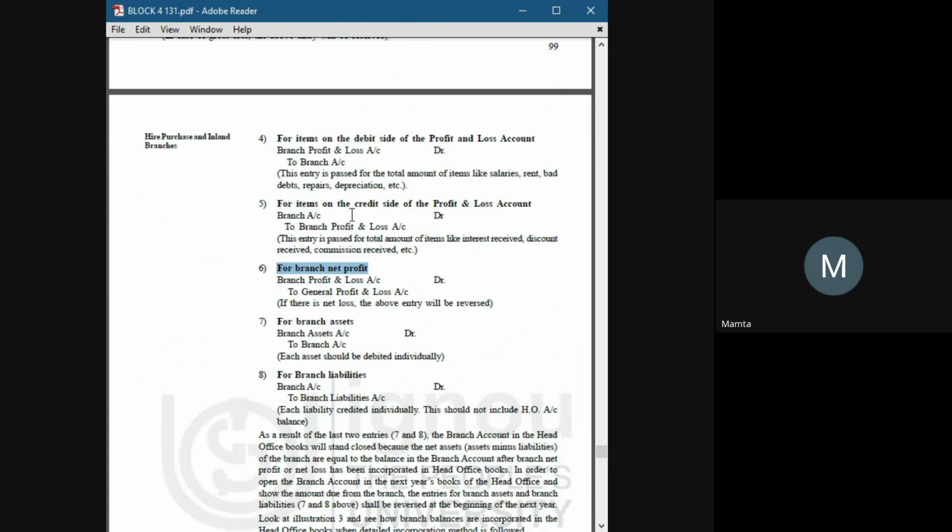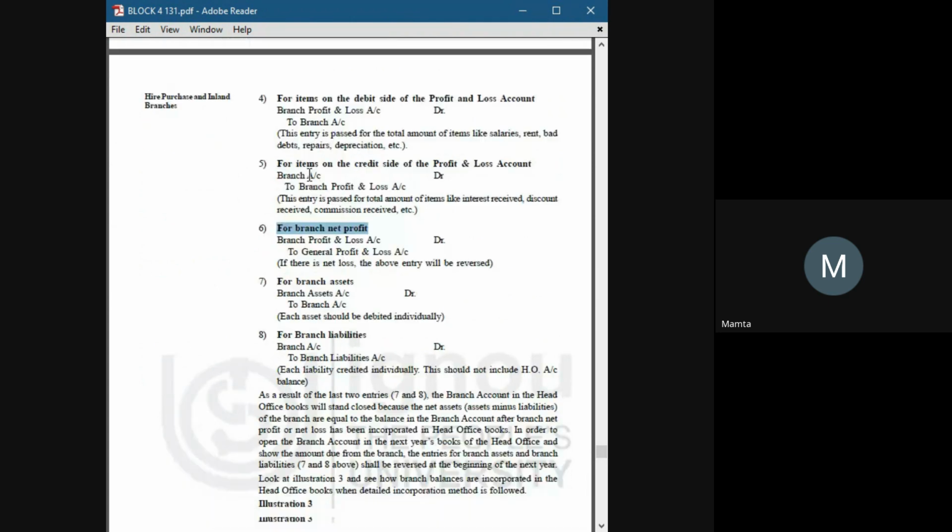And for the debit side, the entry would be branch P&L account debit to branch account. And for branch net profit, the entry would be branch profit and loss account debit to general profit and loss account. And if there were any loss, the entry would be reversed: general profit and loss account debit to branch P&L account.